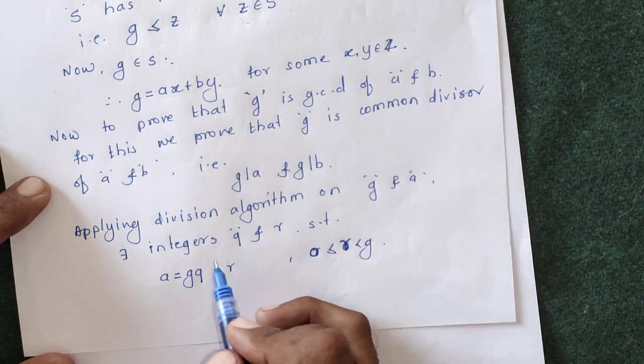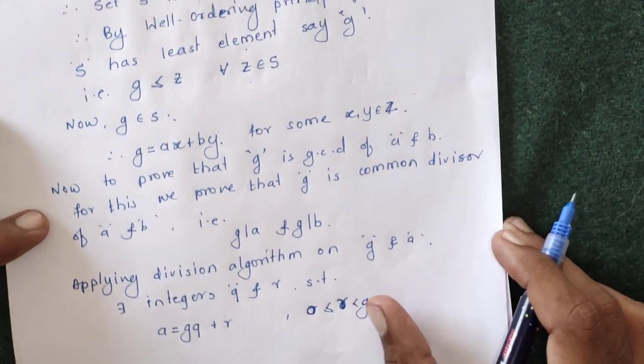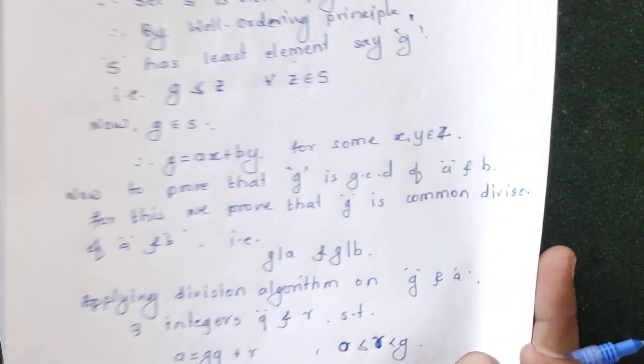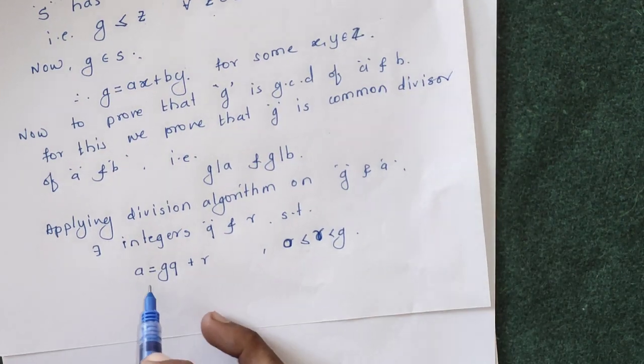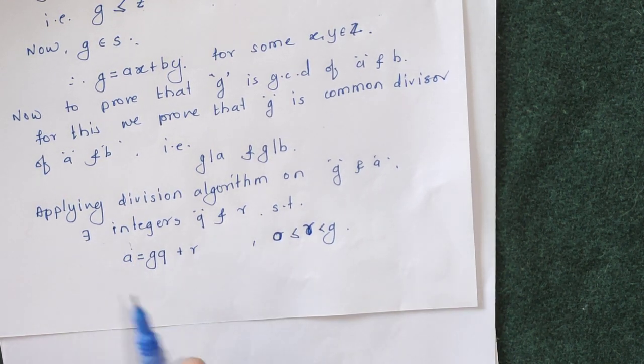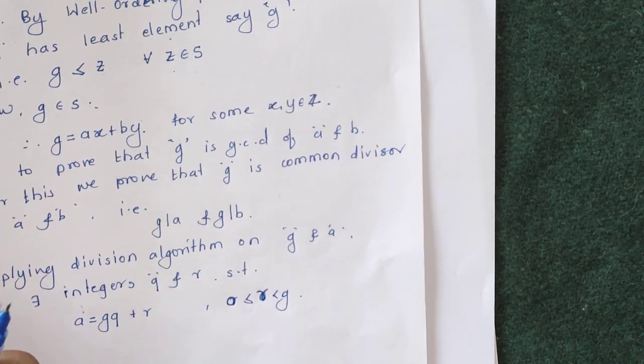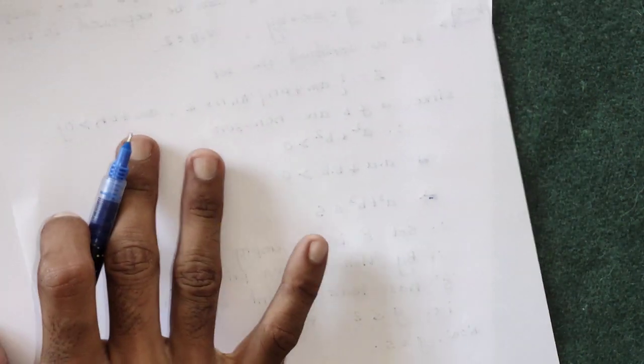If R is not equal to 0, then we will see what happens. If R is equal to 0, then our result is proved, that is, G divides a. If R is non-zero, then we see what happens.